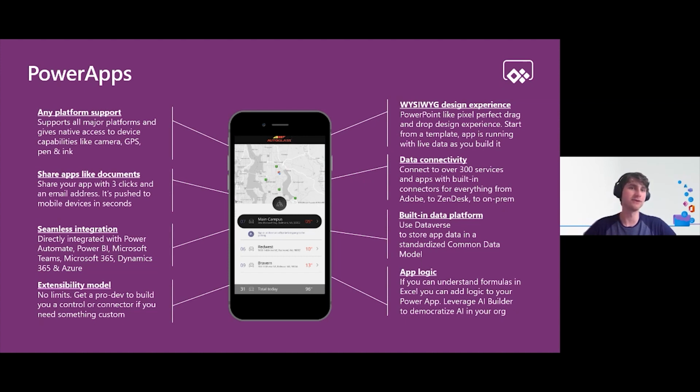You also have access to the camera, GPS, pen input, as well as the ability to, whatever app you do, also publish it on the web. You can make it as a web app, and that's all just a couple of clicks away. When you are creating apps, you can share them like documents. You literally have the share button, you type in the email, and you share it with your coworkers.